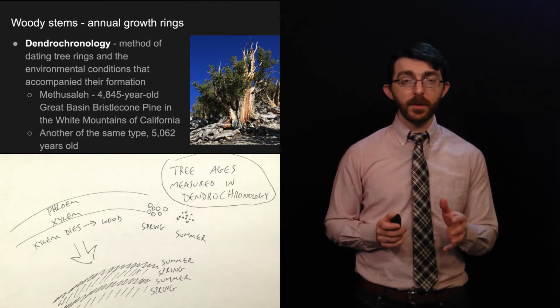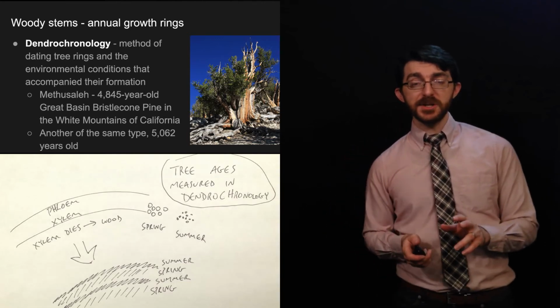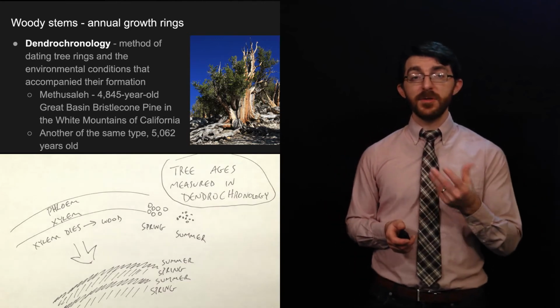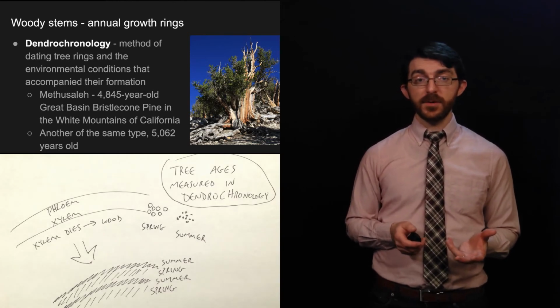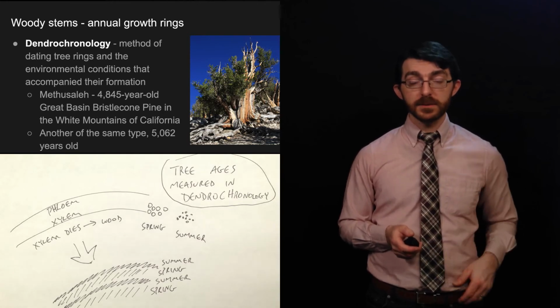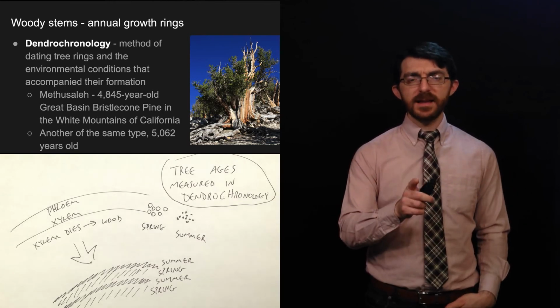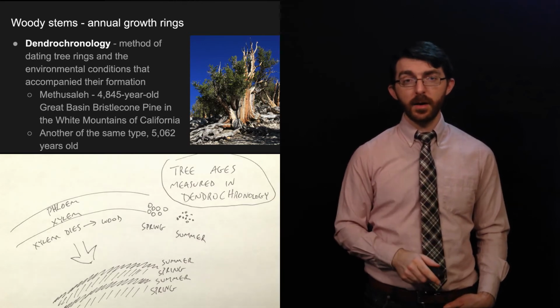So there are a couple really old trees that we've been able to determine the age of by this method. First, there is Methuselah, which is a 4,845-year-old Great Basin bristlecone pine in the White Mountains of California. I actually wrote that date a couple years ago. So it's even older now.